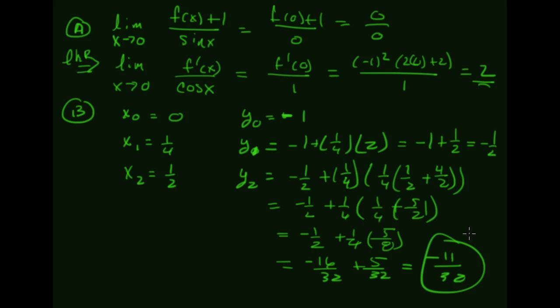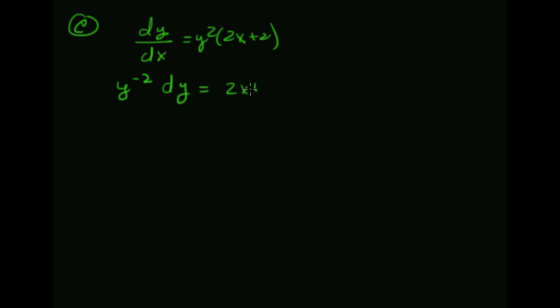Okay, so let's look at part C. So part C is find the solution to the differential equation using the initial value, right? So we have dy dx is y squared times 2x plus 2. This is separable. So we can integrate, take the antiderivative of both sides. That's going to give me -1 over y.